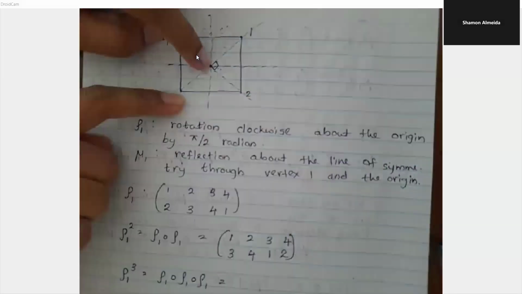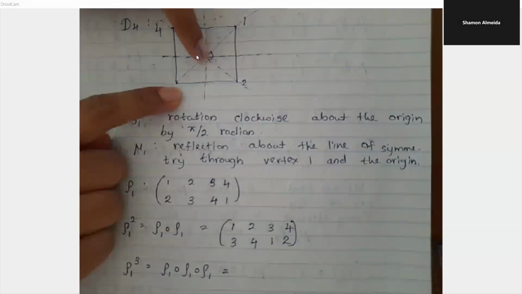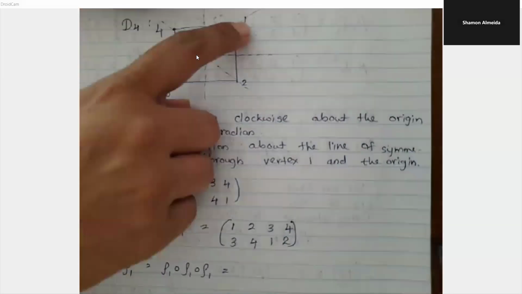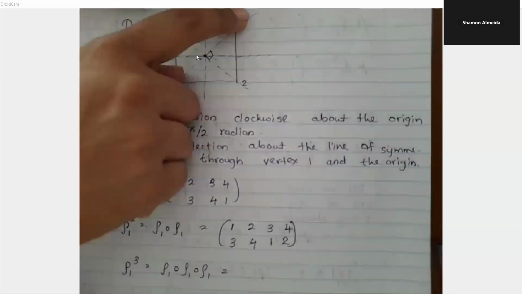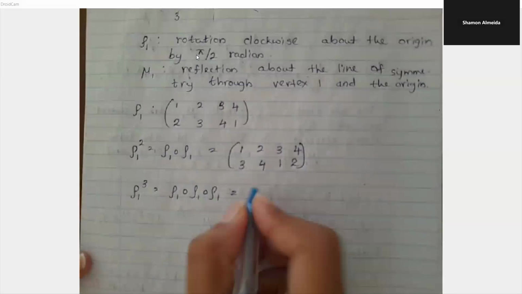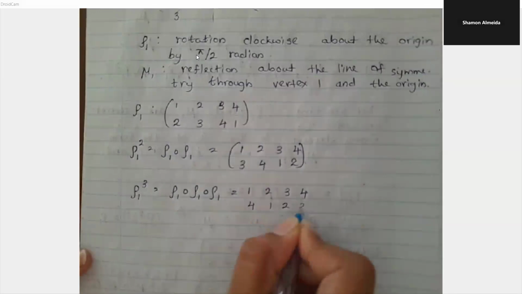Now, corresponding to this last row 1 that you see in the composition, rotated by an angle of pi over 2. 1 will go to 4. So 1 will go all the way to 4, 2 will go all the way to 1, 3 to 2, and 4 to 3. We have our permutation written down as 4, 1, 2, and 3.